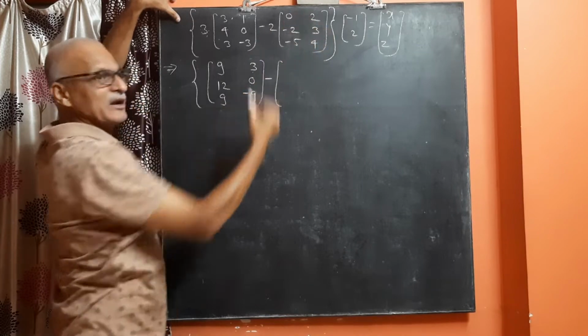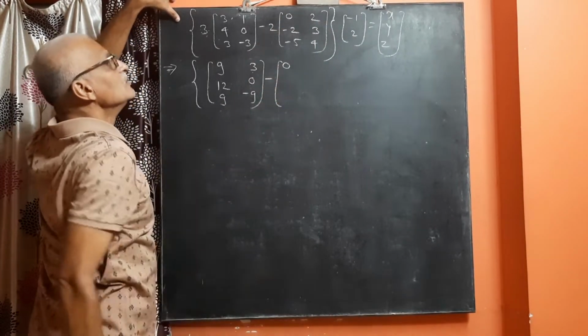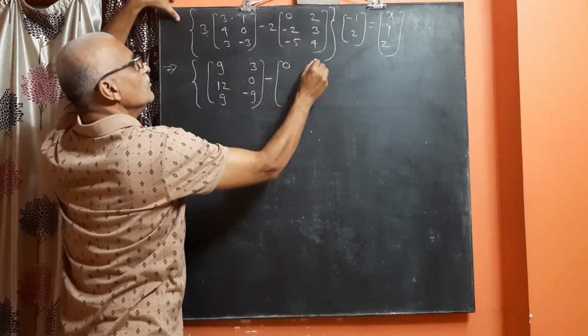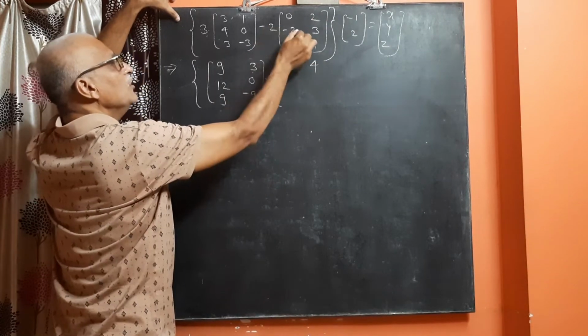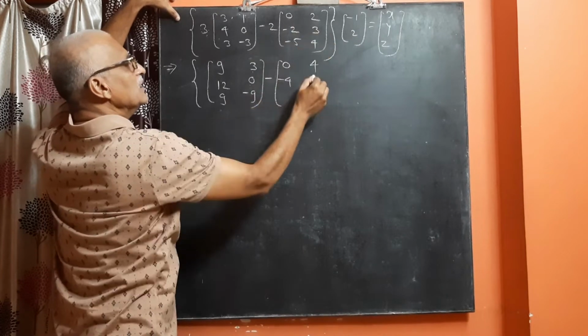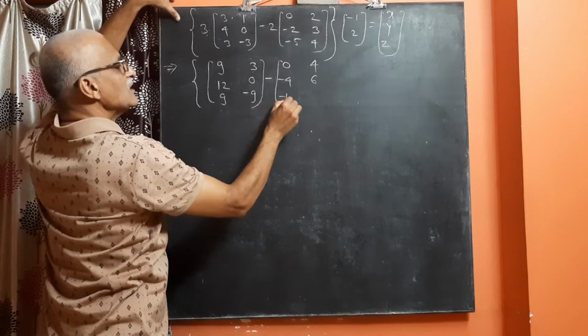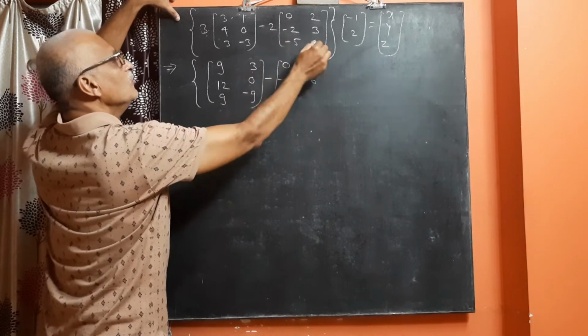Minus, multiplying 2 inside of the matrix, that means the scalar multiplication, 2 into 0 is 0, 2 into 2 is 4, 2 into minus 2 is minus 4, 2 into 3 is 6, 2 into minus 5 is minus 10, 2 into 4 is 8.